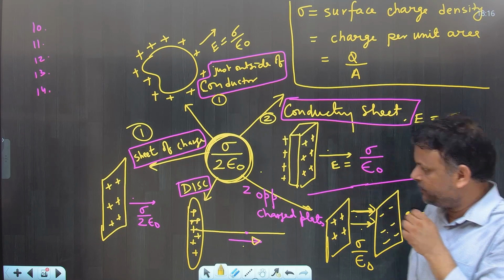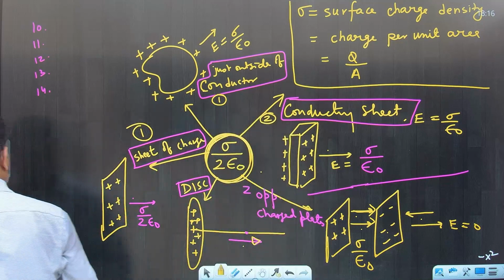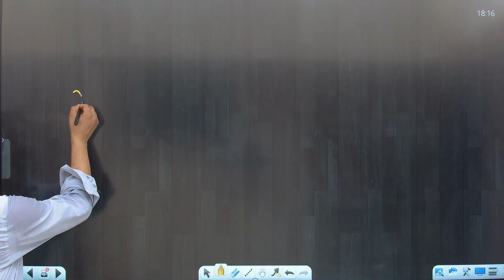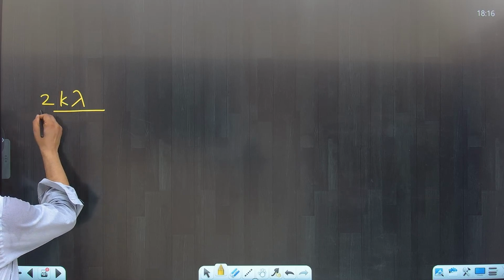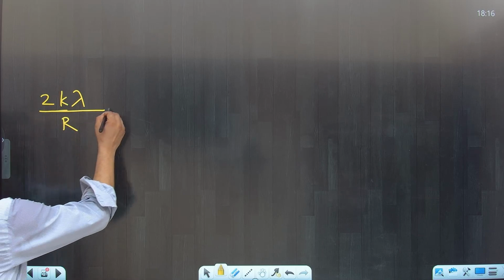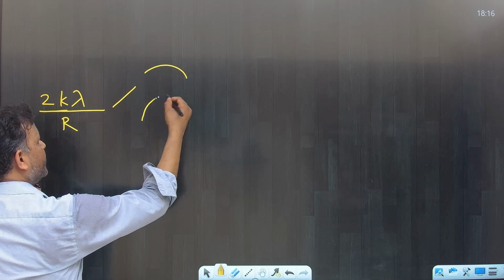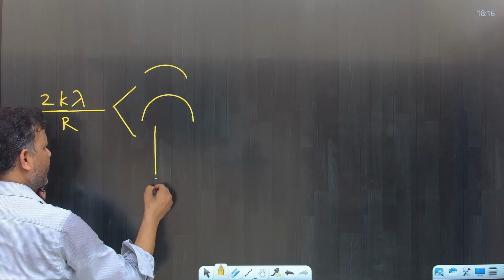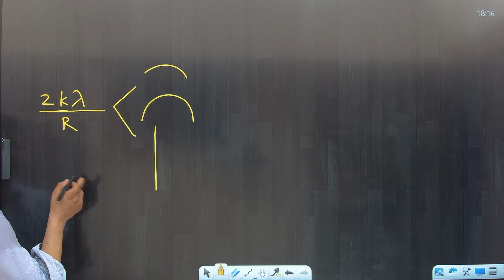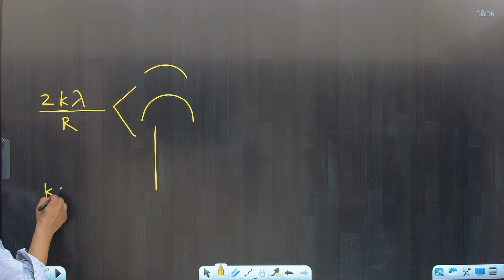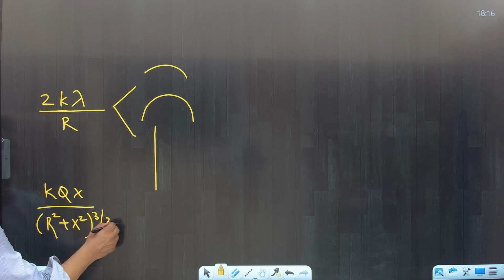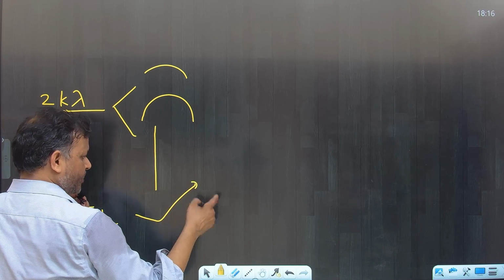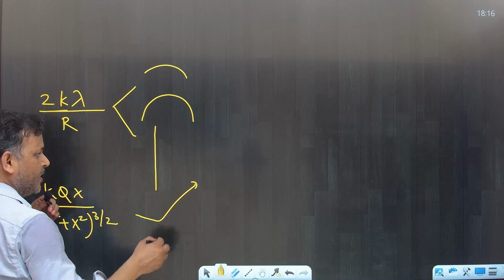So I will summarize that there are three terms we have used. First is lambda by 2 epsilon r, that is 2k lambda by r. It was used at three places: arc, semicircle, and infinitely long wire, right? And the next term was kqx by (r square plus x square) to the power 3 by 2, and it has been used at two places.